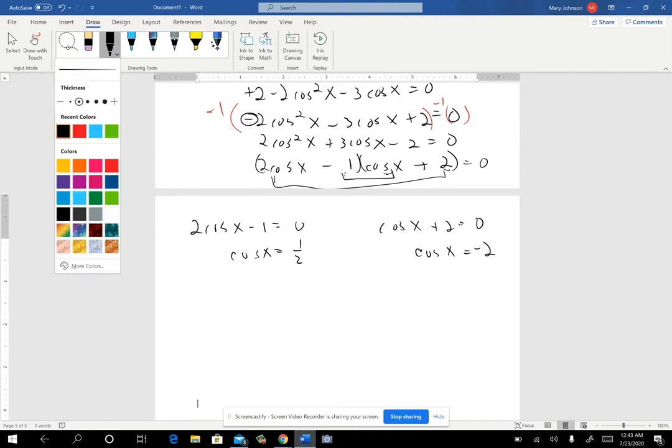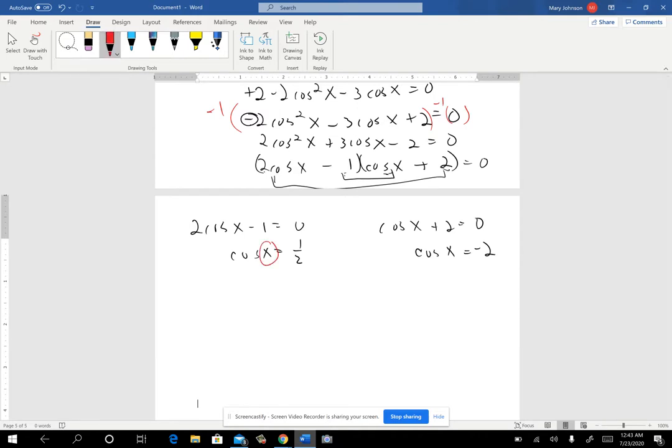All right, so then I go to my unit circle and I think about this. I'm looking for an angle whose cosine is 1/2. And I want all the x values from 0 to 2 pi. So I know that x could be pi over 3, 60 degrees, and the cosine would be 1/2. And then I also look and think about it.